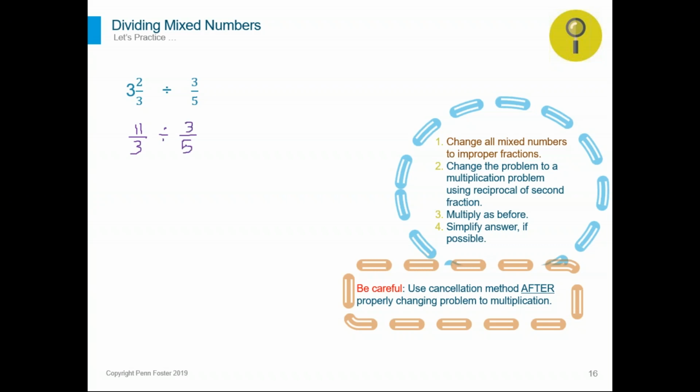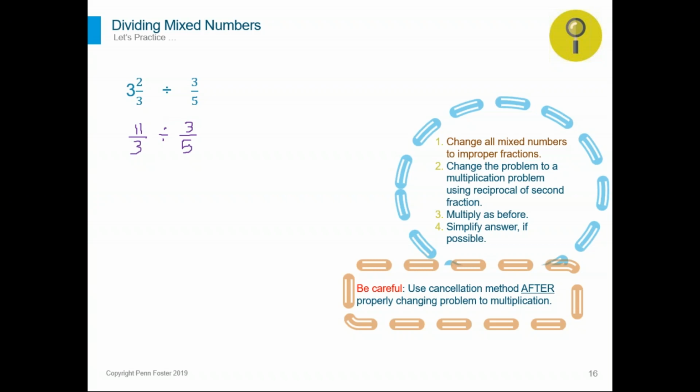How can we divide then? 11 over 3 divided by 3 over 5. That's lots of divisions, because 11 is divided over 3, and then these divided by 3 divided by 5. Too many divisions. An easy way to do divisions when it comes to fractions is to use the reciprocal of the second fraction.